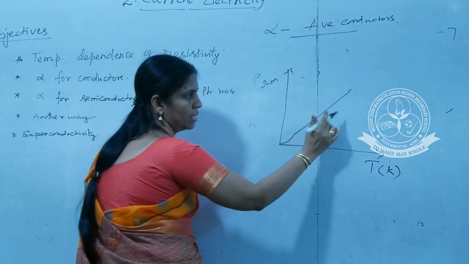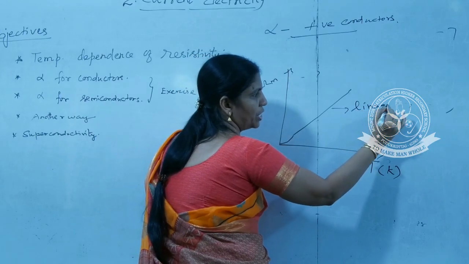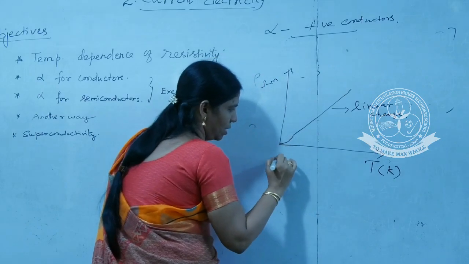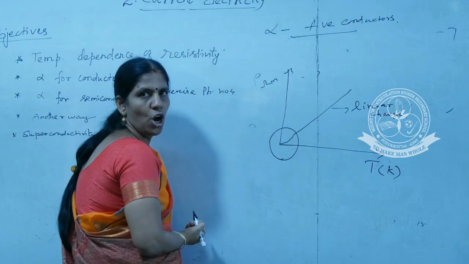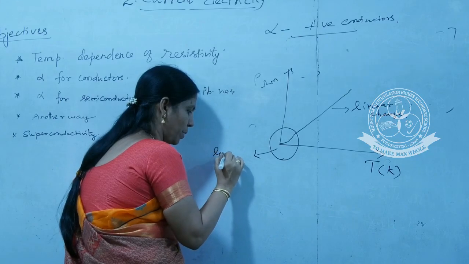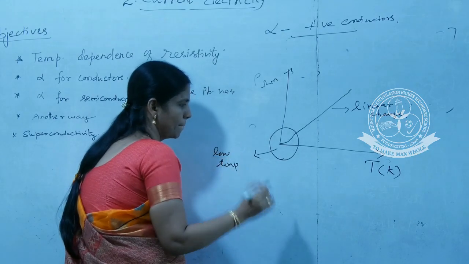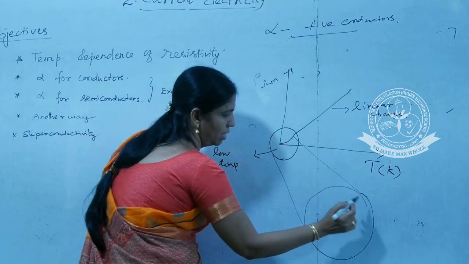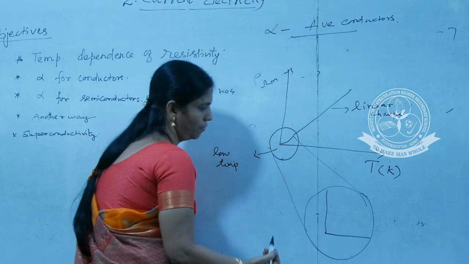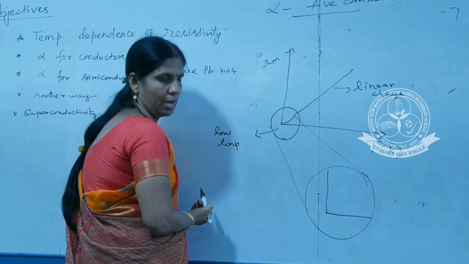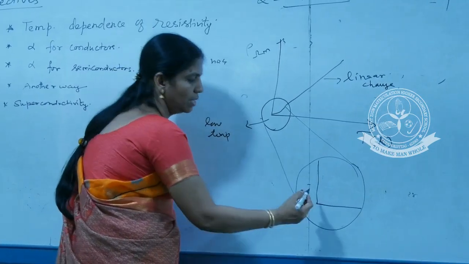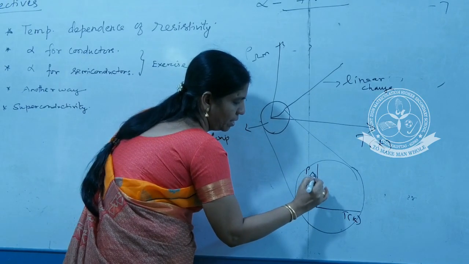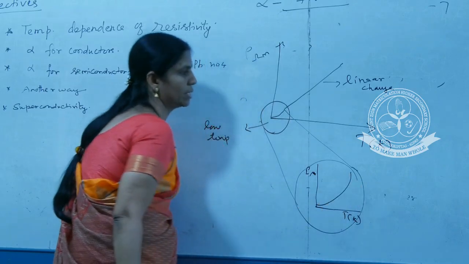You may see this is the linear change for a wide range of temperature, and this part is non-linear for very low temperature. If we want to highlight and learn the behavior of certain materials at low temperature, the resistivity shows a non-linear change.